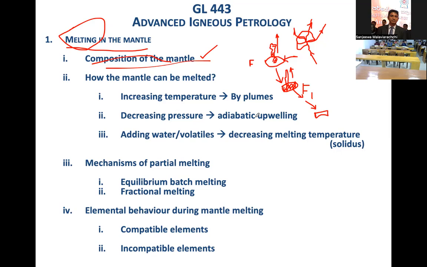Just keep in mind that the minerals that contribute to melt are mostly plagioclase and pyroxene, mainly clinopyroxene. Those are the two main minerals which contribute to melting at the beginning stage of mantle melting. When melting continues, other minerals like orthopyroxene and olivine will start to melt.